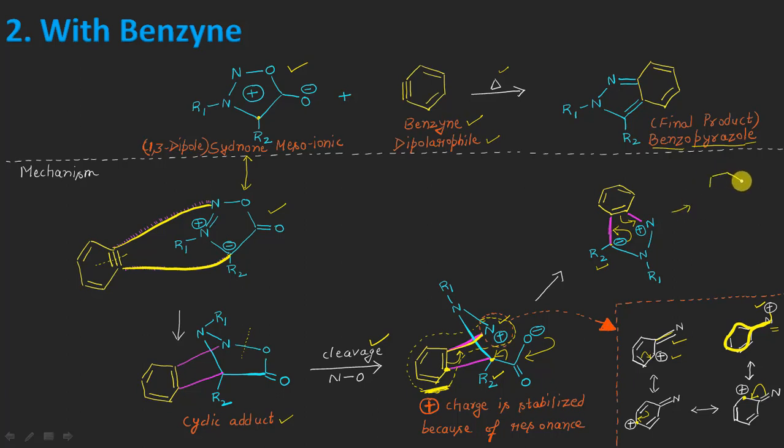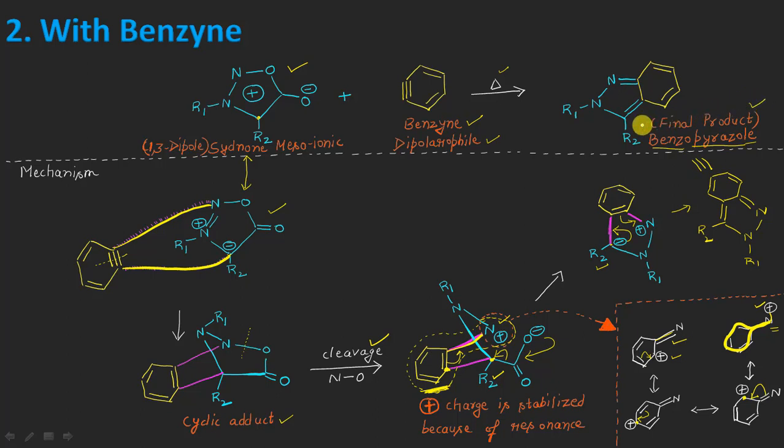This is the benzene ring here, having one double bond, second double bond. This will now become a double bond, and moreover this will also become a double bond here. The nitrogen is having one R2 group here, and this is the nitrogen having R1, and we will have a structure something like this, which is exactly equal to this benzopyrazole. That is our final product of this reaction.